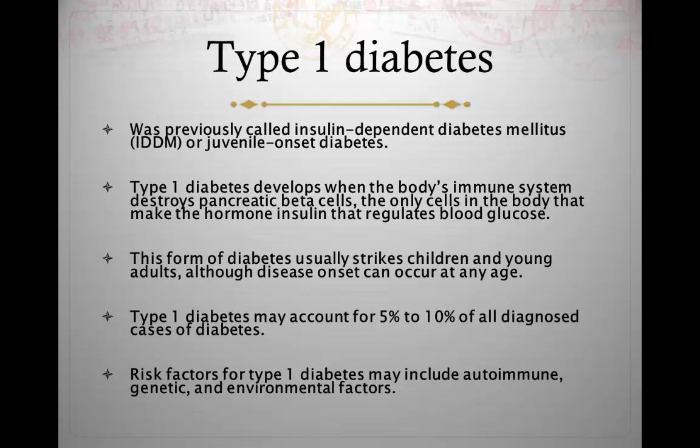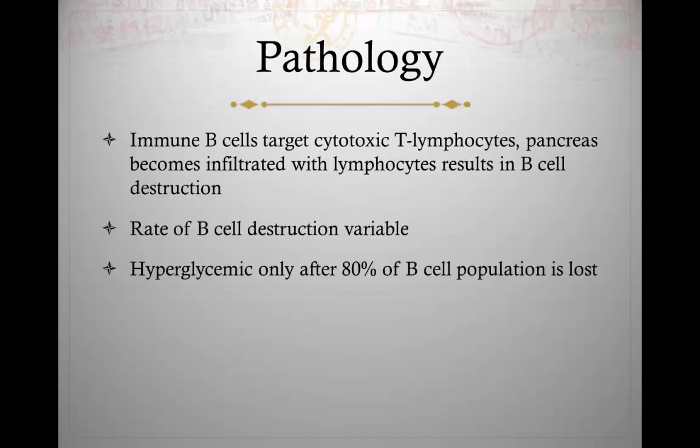It's genetic. It could also be associated with environmental factors. Again, this is a type 4 hypersensitivity reaction due to cytotoxic T lymphocytes. The pancreatic cells become infiltrated with lymphocytes, which produces an autoimmune reaction and destruction of the beta cells of the islets of Langerhans.